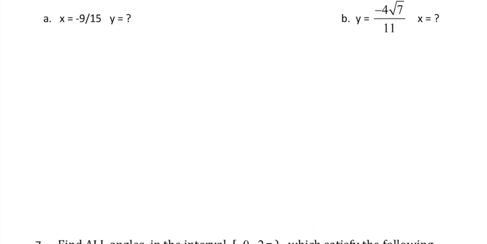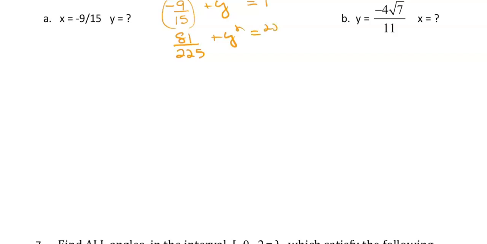I know that the x is going to be negative 9/15, and I also know that it's on the unit circle. So that means that negative 9/15 squared plus some y squared has to equal 1 squared. Negative 9/15 squared is a positive 81/225 plus y squared.